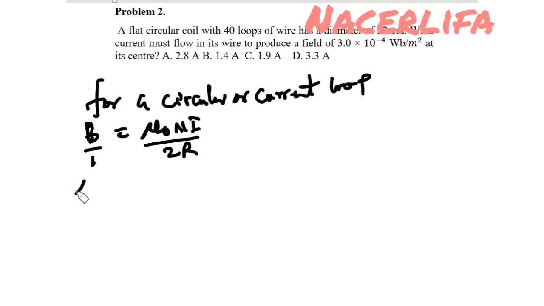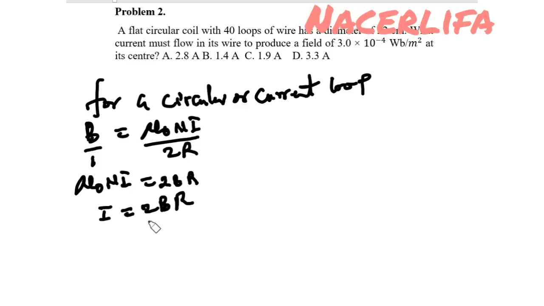I have mu naught Ni equals 2BR. So if we make I subject of the formula, you have 2BR upon mu naught N. And let's write our B again.